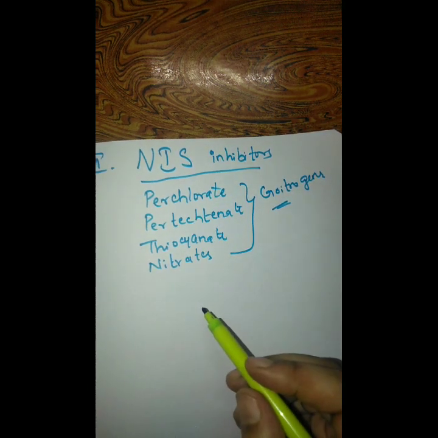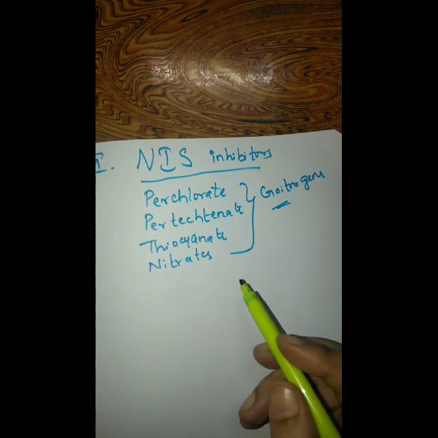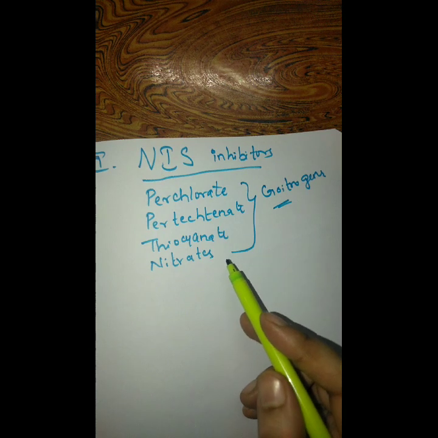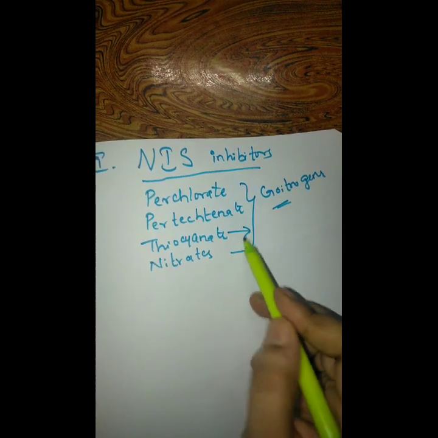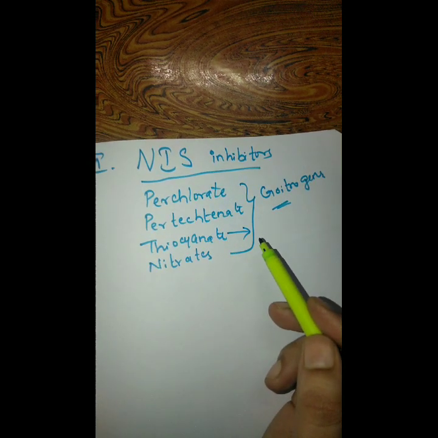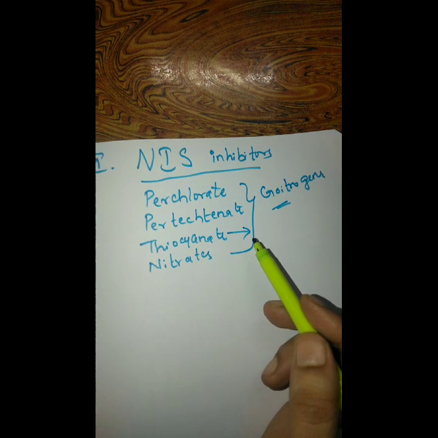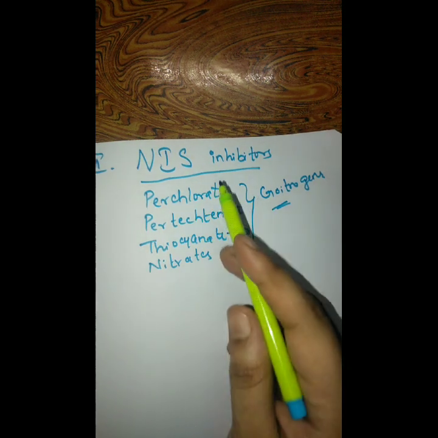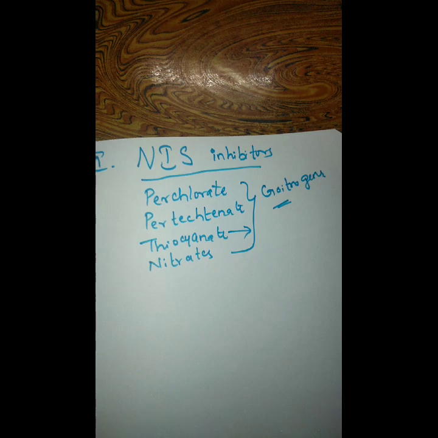So these agents are not used clinically, but there are some foods that contain these goitrogens, like thiocyanate, which is present in high amount in cabbage. So any person who consumes a large amount of cabbage is supposed to get goiter. So this is regarding the sodium iodide symporter inhibitors. These drugs are no more used for the treatment of hyperthyroidism because there are chances of inducing goiter from these agents.